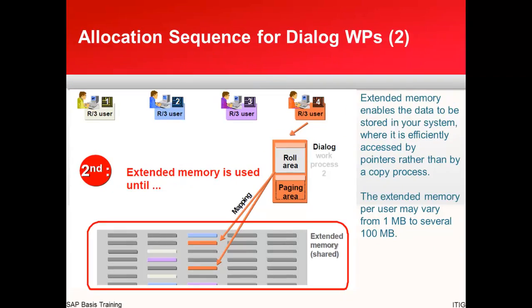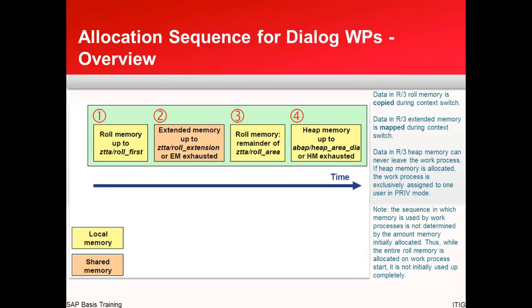Okay, now the allocation sequence for dialog work processes. Extended memory enables the data to be stored in your system where it is efficiently accessed by pointers rather than by a copy process. The extended memory per user may vary from 1 MB to 100 MB. Now here you can see the sequence. The first thing is role memory up to this parameter, then extended memory using this parameter, then role memory remainder of the role area, and heap memory up to this particular value.